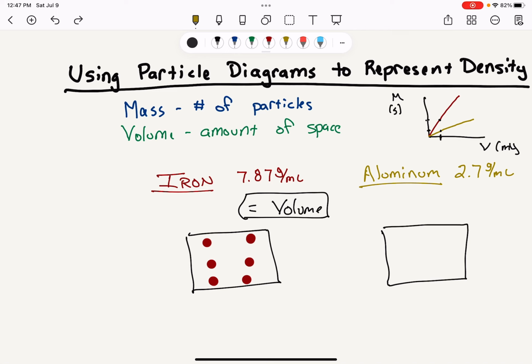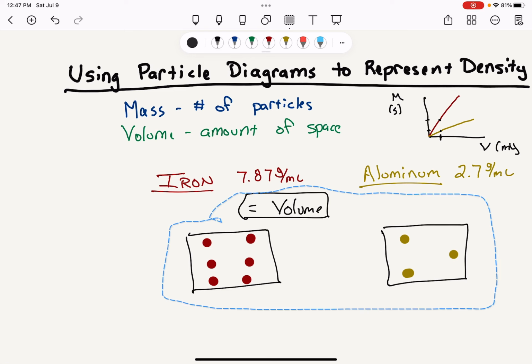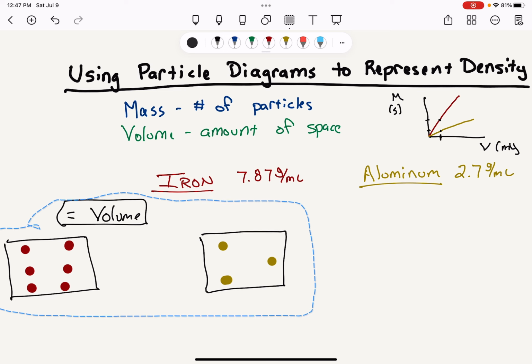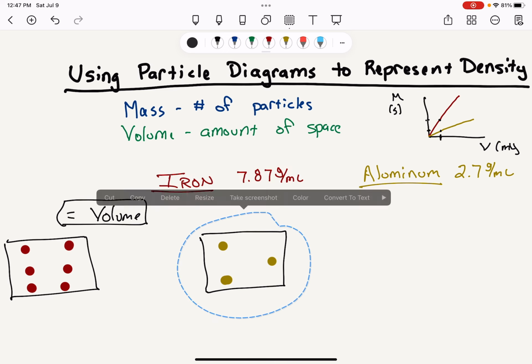We could be exact if we wanted to, but I don't really want to. And so I'm just going to show less dots in there. Okay? And so in other words, this represents equal volume. In other words, there are less particles for the aluminum than there are for the iron in equal amounts of space. Okay, now I'm going to move this to the side here, and that way I can compare something here.